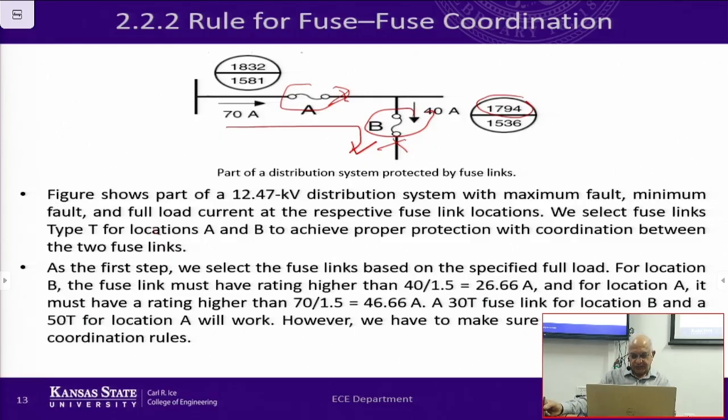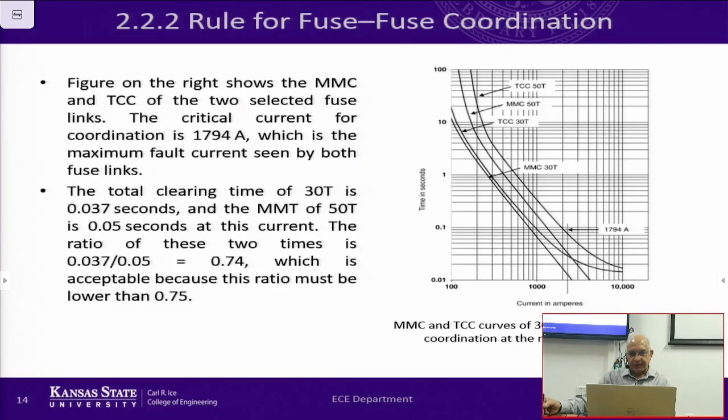So we go to the graphs here, and one thing I want to point out is that there is a mistake in this one, because 1794 should be somewhere here, not there. And if you go back and look at this, what you will find is that at 1794, the minimum melt time is 0.05 seconds on the lower graph of the 50T fuse, and it is at that current the operating time of the 30T fuse.